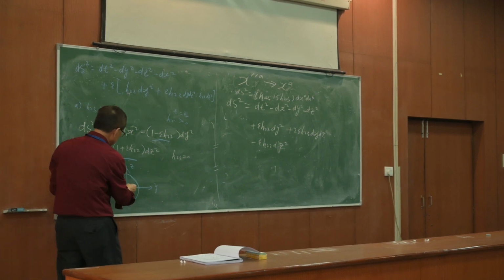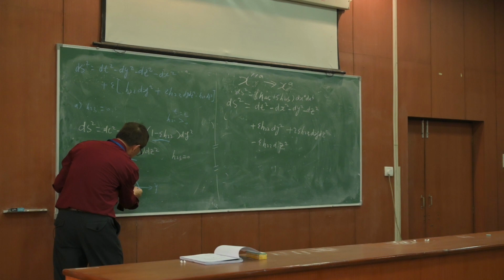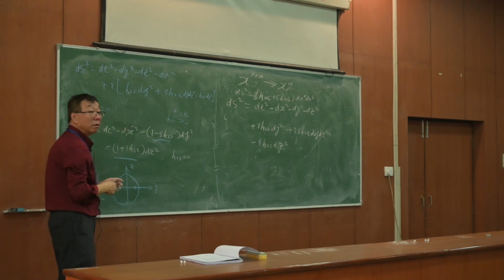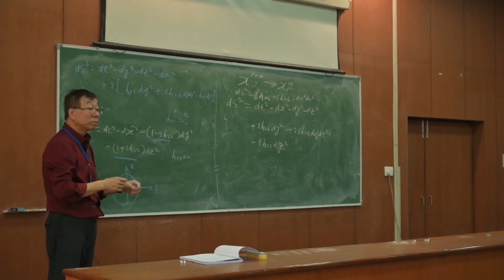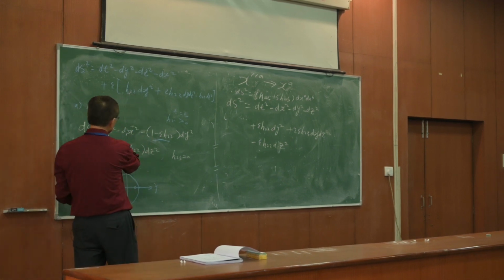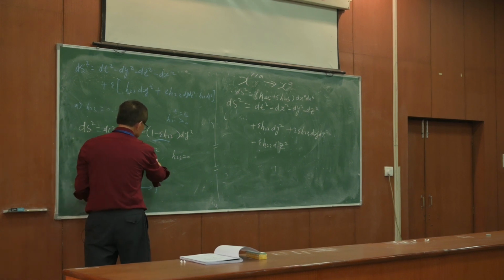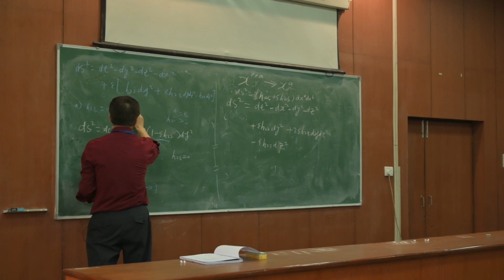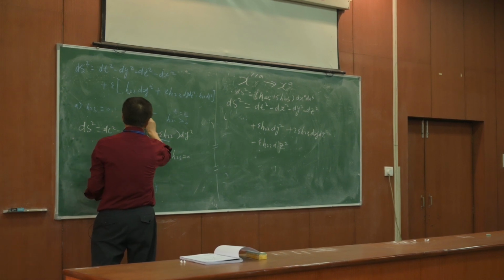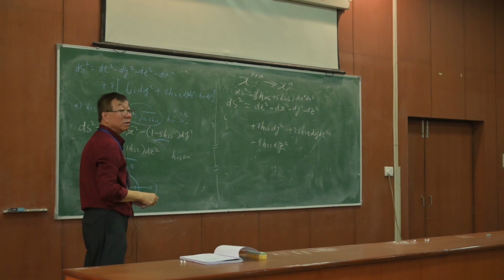So this is actually the y direction. This will squeeze, something like this, smaller, right? The proper distance at t equals 0, x equals 0, z equals 0. This is the proper distance, L_y equals 1 minus h_22, right?